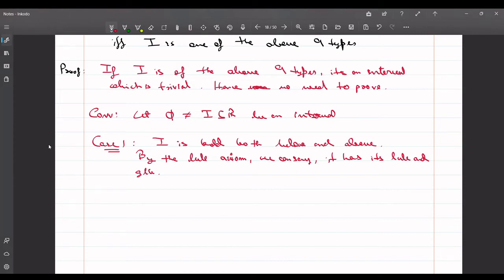So let A be the infimum of I and B be the supremum of I, or the GLB of I and the LUB of I.